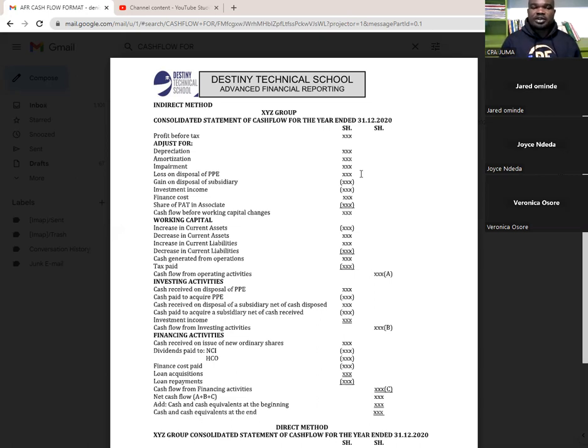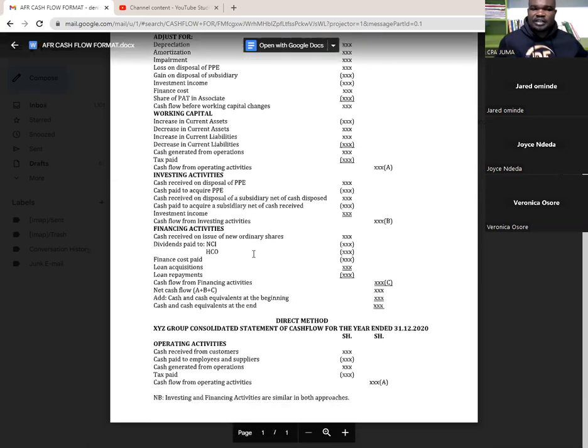So if a student subtracts interest and dividends from operating, investing or financing activities, the examiner will mark it right, because IAS number 7 says that they can be subtracted from either activity, provided that the entity applies them consistently from time to time. So you get that. Then you go to investing.